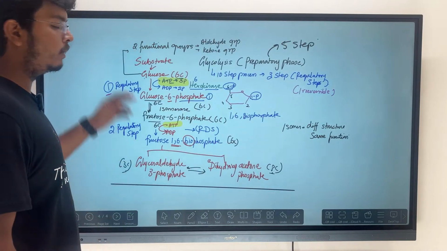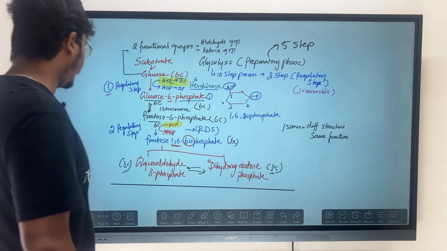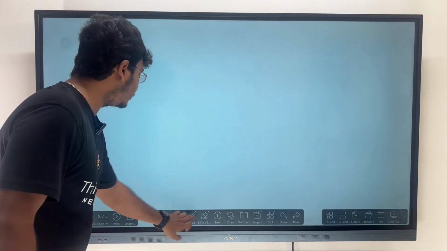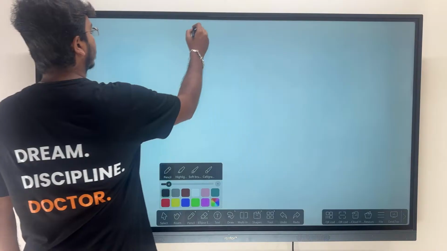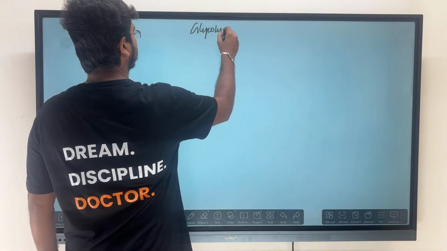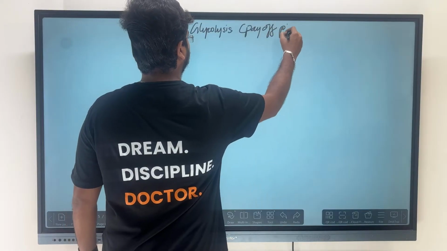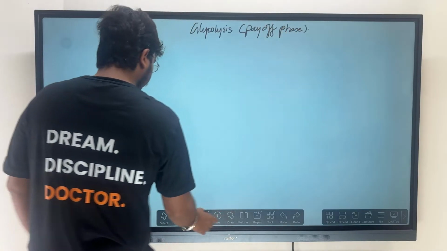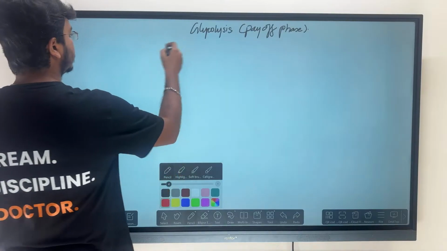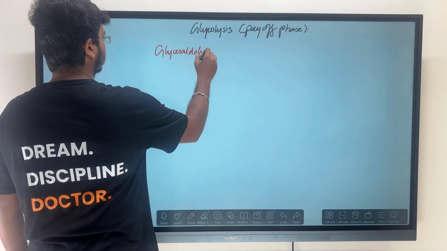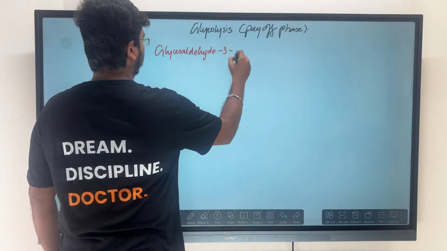Now getting into the payoff phase. I hope this is clear for you all. And now let's get into the payoff phase. Okay, and this payoff phase starts with glyceraldehyde 3-phosphate.